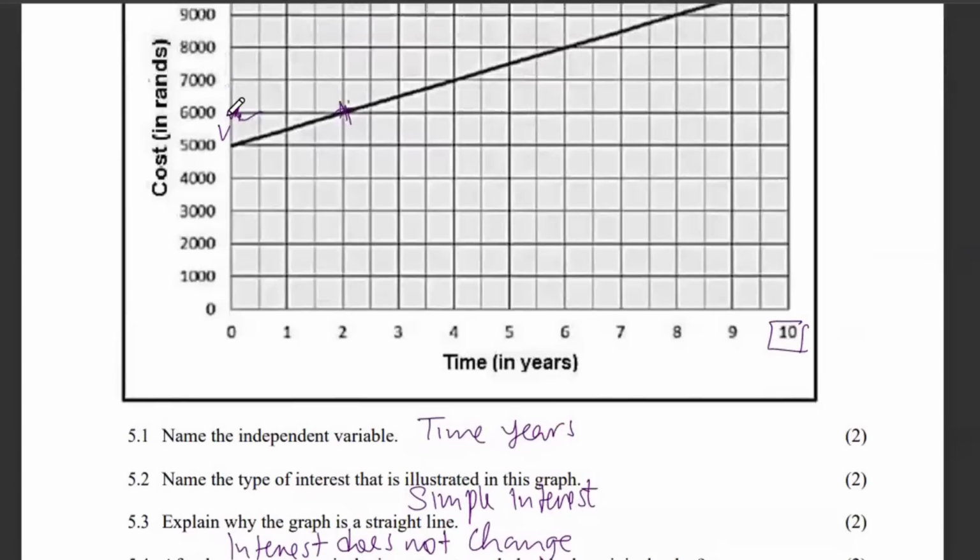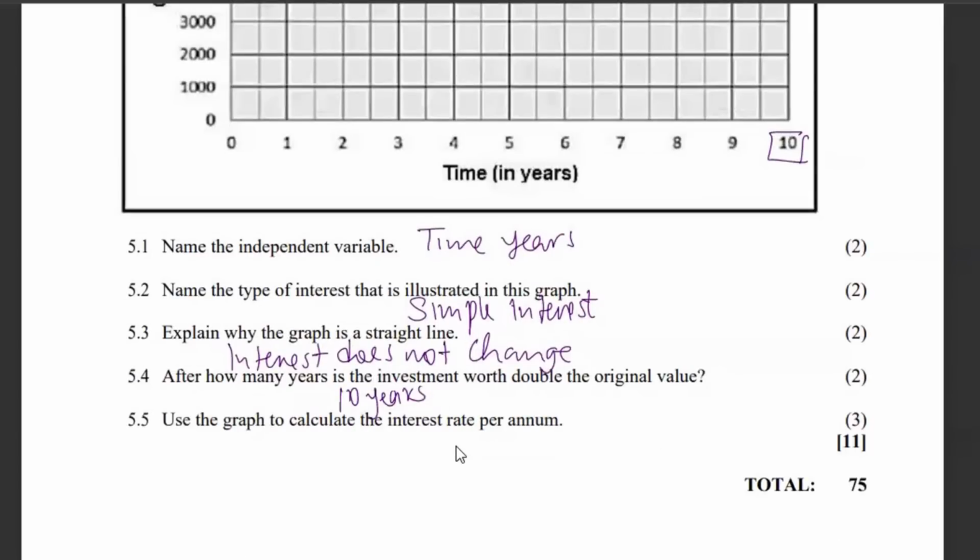In 2 years, the person has 6,000. That means from the 5,000, the interest over the 2 years is 1,000. We divide this by 2, and we end up having 500. Now we are looking for the interest rate, which has to be a percentage. We shall say the 500 over the 5,000.